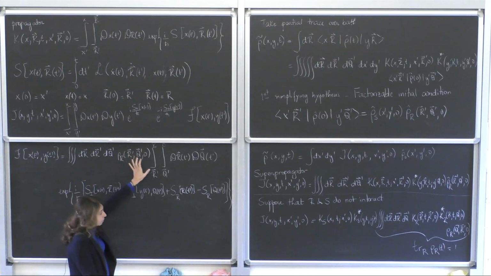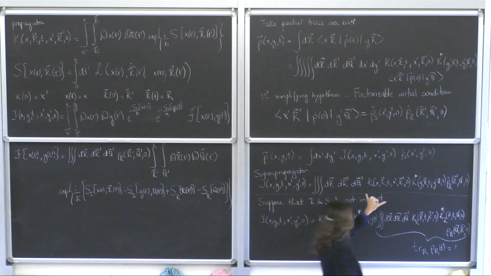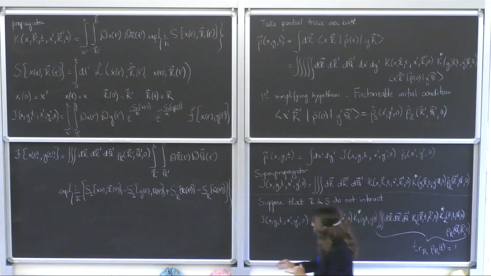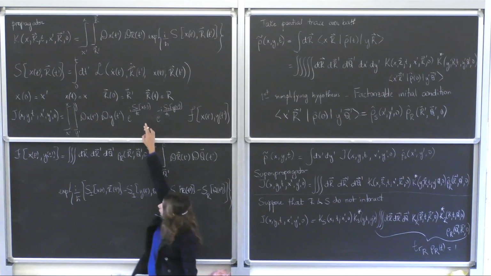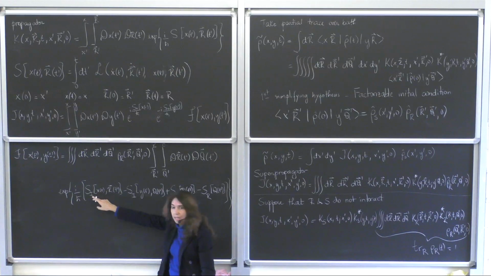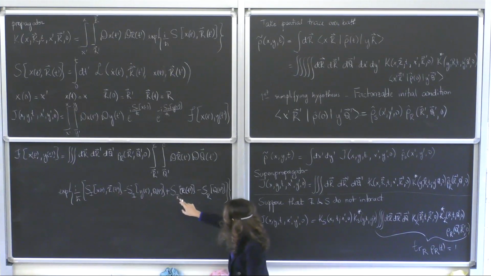Then I have these propagators, which contain everybody: system, interaction, plus reservoir. The part for the system I put out, and here I leave the part for the interaction and the part for the reservoir.